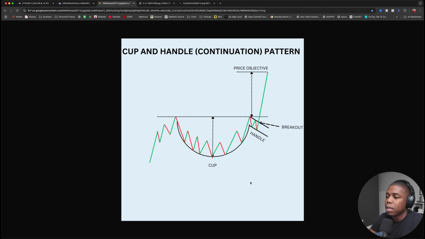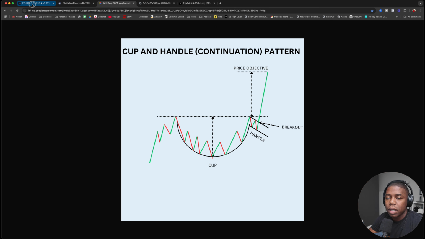So to break down this textbook example, we have price coming up, meeting a level of resistance, then making a pullback and making a series of lower lows and lower highs, but then around this middle part, turning around and making a big U-turn right back to that level of resistance. When it does that, it has a short pullback, and then price would explode to the upside. We'd have a breakout there.